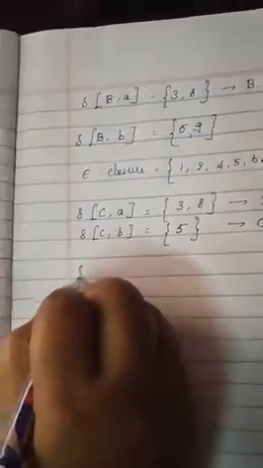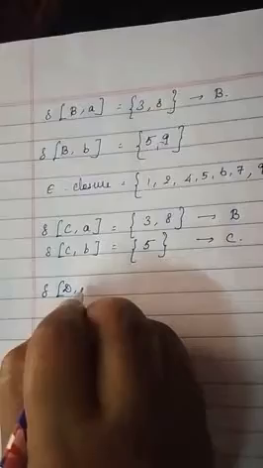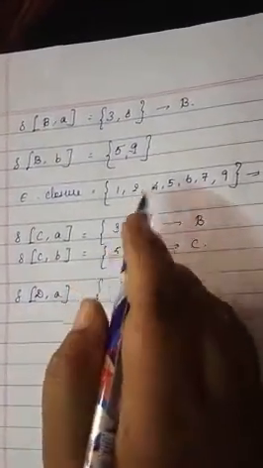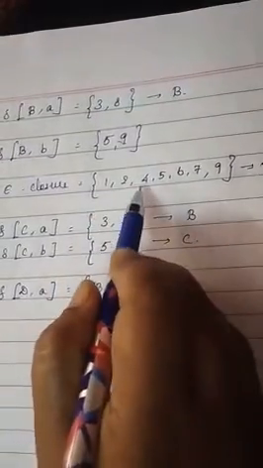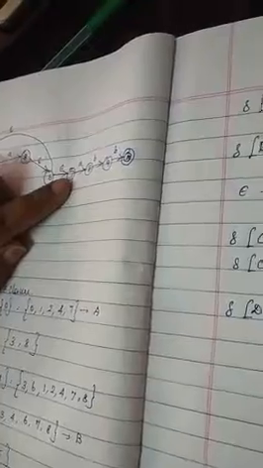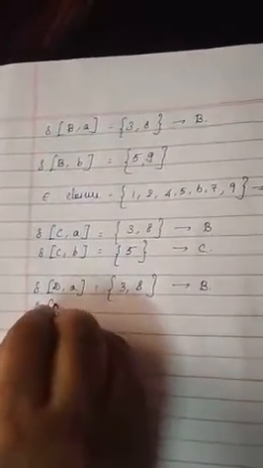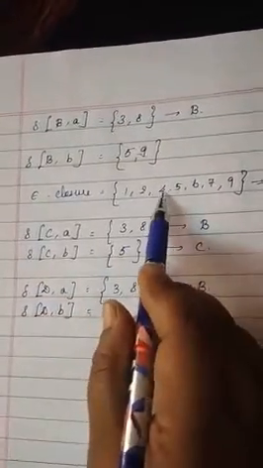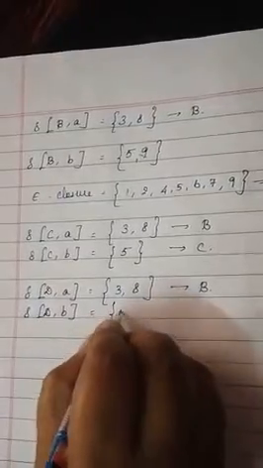Next, the epsilon closure for the new state D. For D comma A, we don't have 1, 2, we have 3 here. Then 4, 5, 6, 7. We have 7, so 8, and we don't have it for 9. Again it is B. And for D comma B, for input symbol B, we have 4, so we add 5.